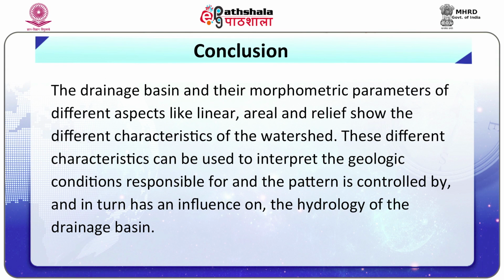The conclusion is that the drainage basin and their morphometric parameters of different aspects like linear, areal and relief show the different characteristics of the watershed. These different characteristics can be used to interpret the geologic condition responsible for the pattern, which is controlled by and in turn has an influence on the hydrology of the drainage basin.